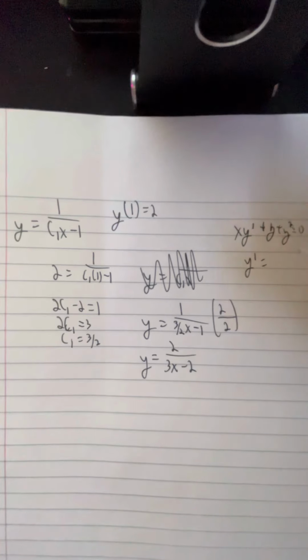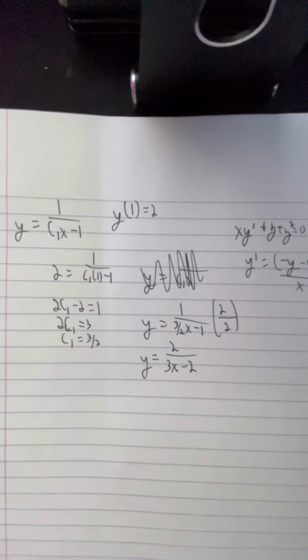That means y prime is equal to negative y minus y squared over x. That allows us to enter it into the website, negative y minus y squared over x, and our general solution being 1 divided by c x minus 1. Just going to change the axes.